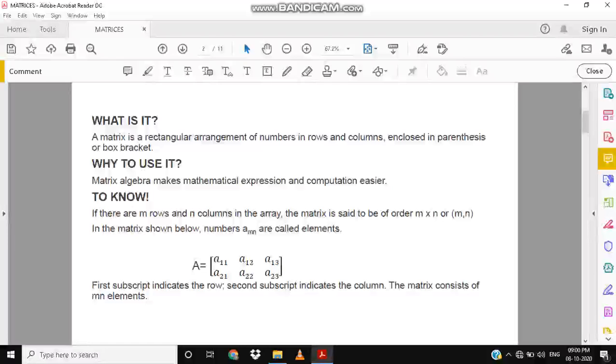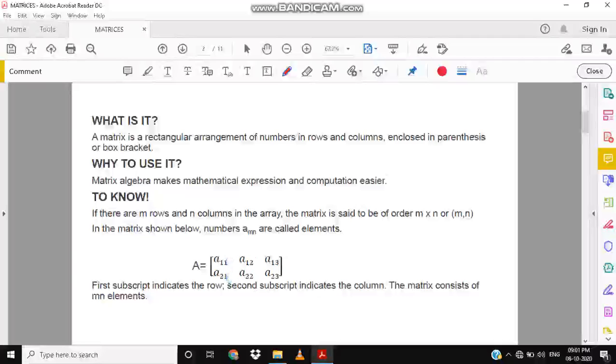See, this is your matrix. You can see here is one row and this is another row, right? And this way it is a column. So here there are basically 3 columns and 2 rows, right?